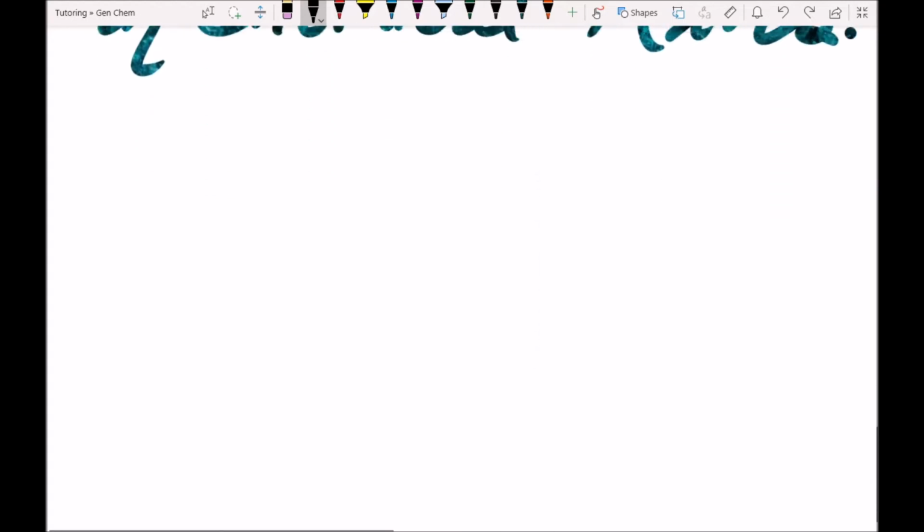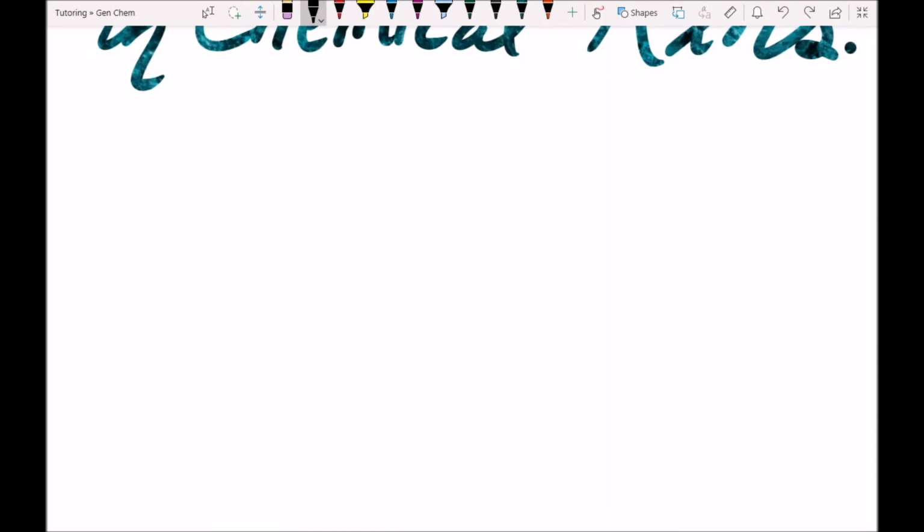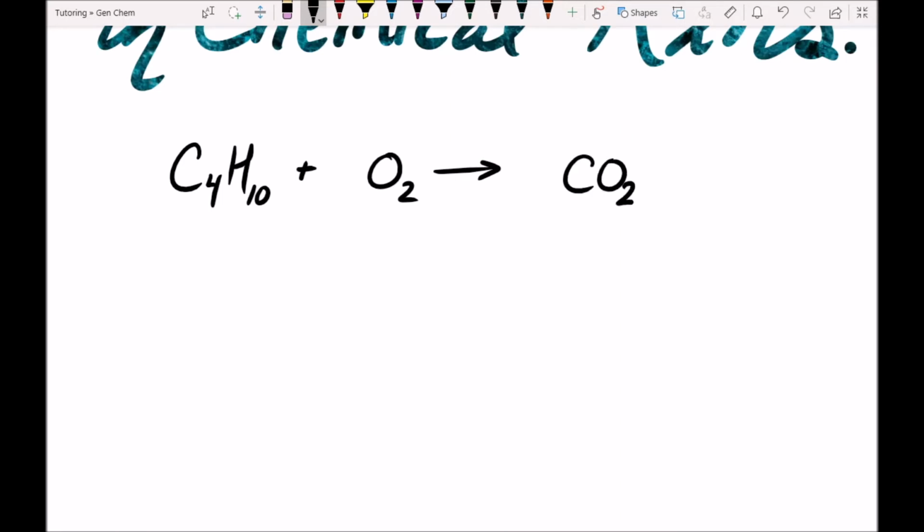So first, let's start out with a balanced chemical equation. Here we're going to use as an example the combustion of butane, which is C4H10, and we know that combustion requires oxygen gas in the form of O2, and combustion produces CO2 and water, H2O.